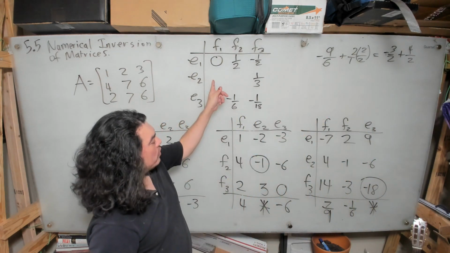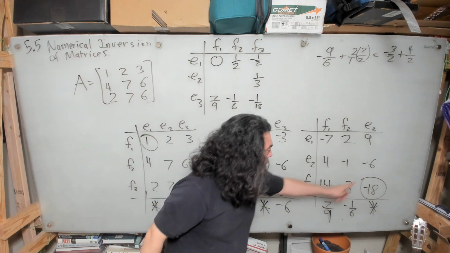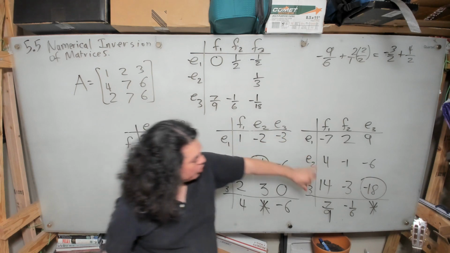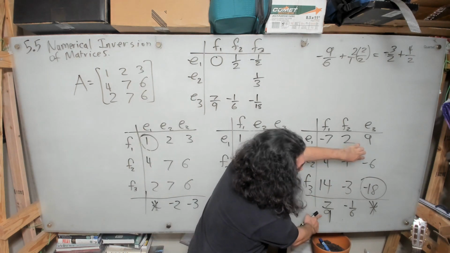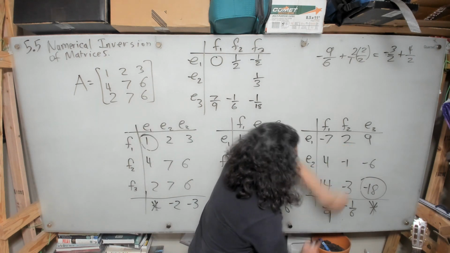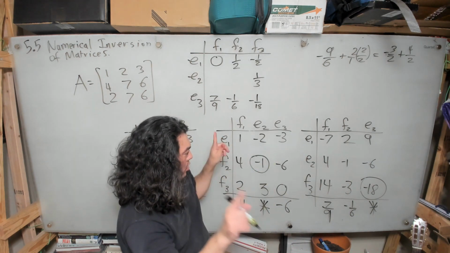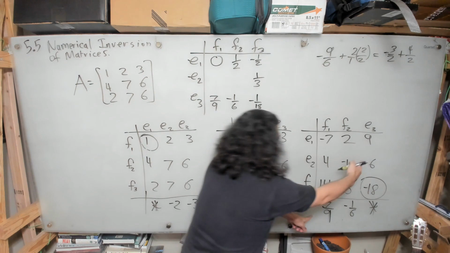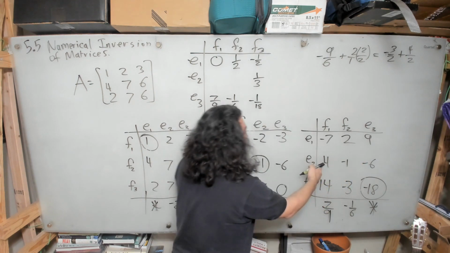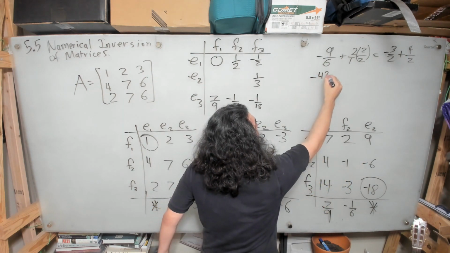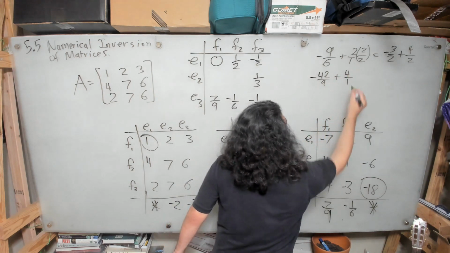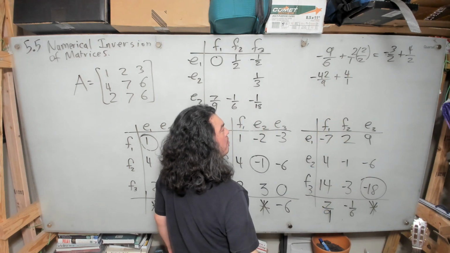What goes here? Well, it'll be the 7/9 times negative 6 plus 4. So if I multiply these two first, that'll be negative 42/9, right? Let's do that together. So that'll be negative 42/9 plus 4. And let's say 4/1, because we're going to want a common denominator.